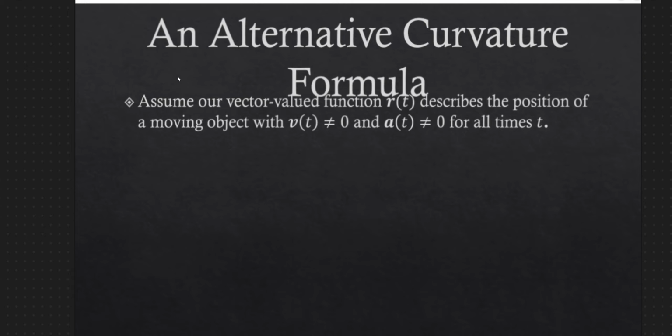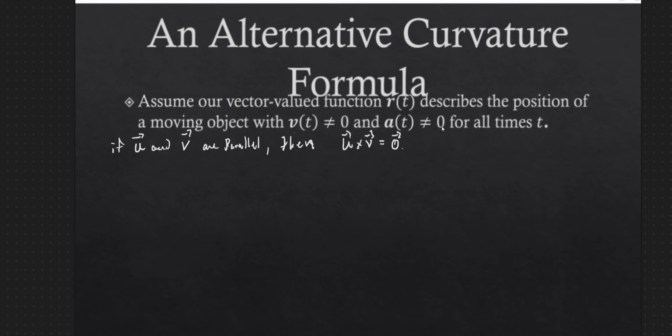So some things we need to remember. If u and v, these are just two general vectors, this is true in general. If u and v are parallel to each other, that is, if u and v are scalar multiples of one another, then if we compute their cross product, u cross v, it will be the zero vector.